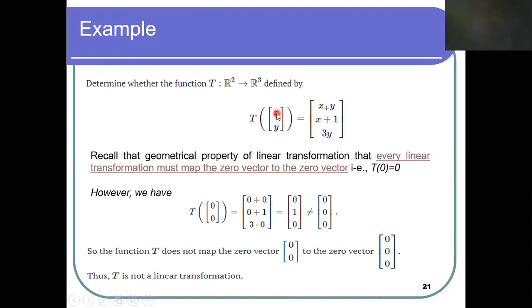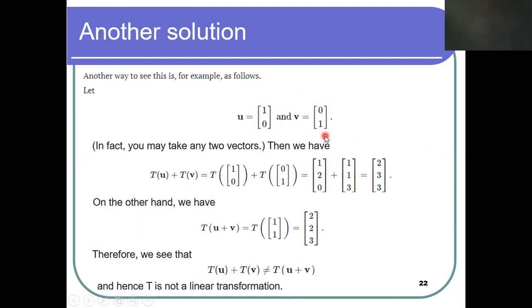If I take x as 1 and y as 0, then T(u) will be (1, 2, 0), and T(v) for (0, 1) will be (1, 1, 3). So in that case I get (2, 3, 3) as T(u) plus T(v).